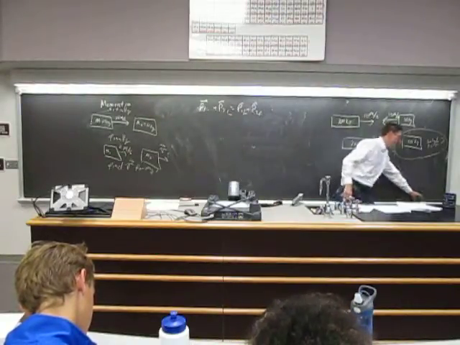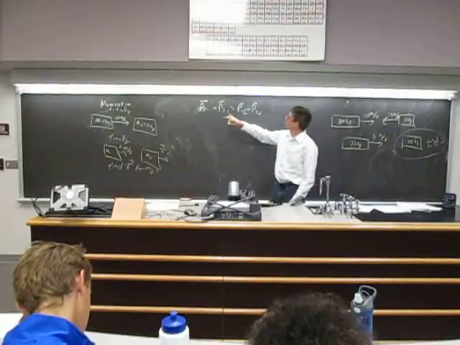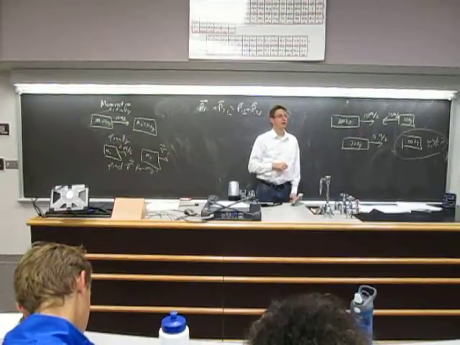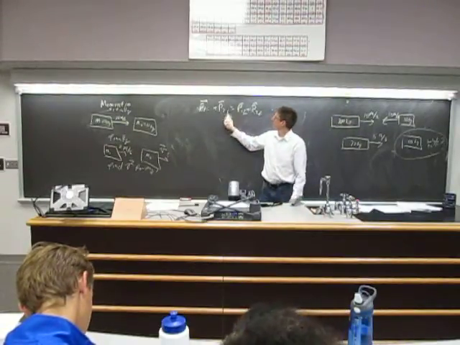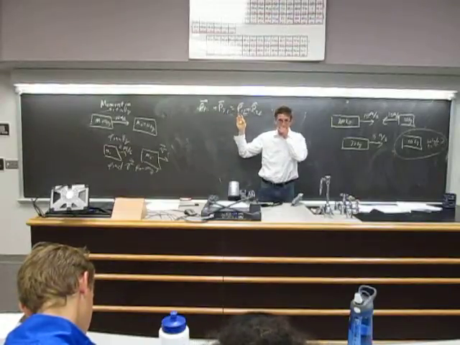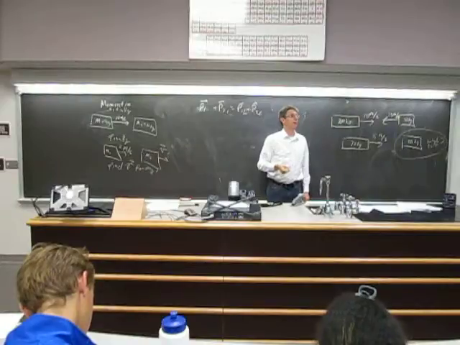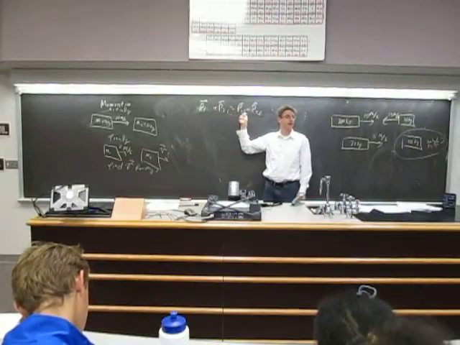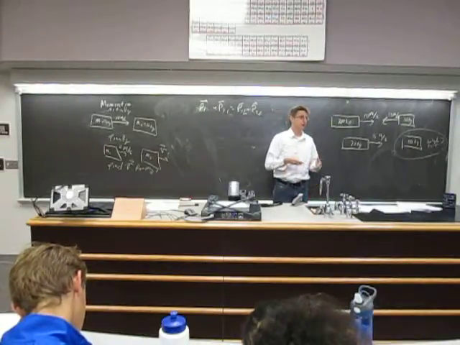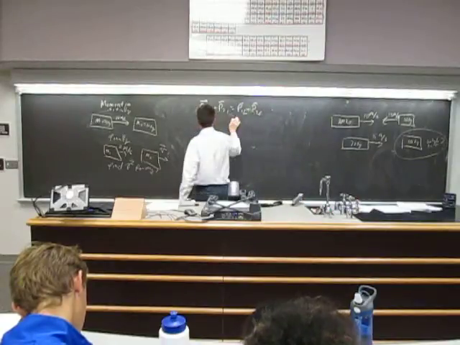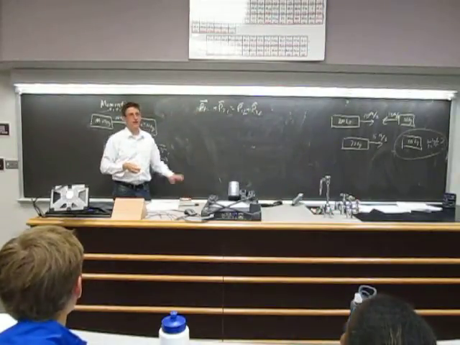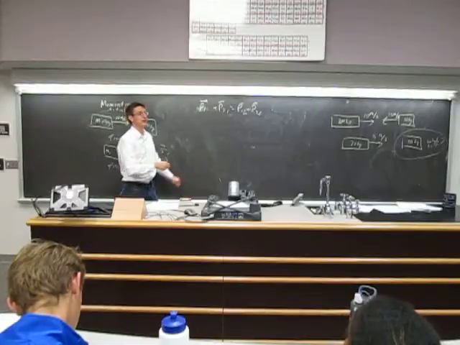So let's go ahead and do this again. We'll do this one more time in gory detail. One thing that's useful, if I only have movement along one direction, see how these are vectors? I could write this as three sets of equations.